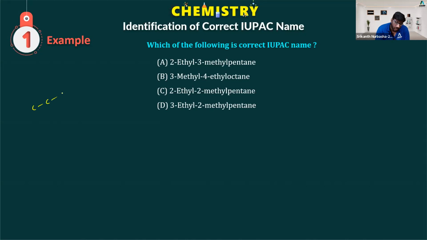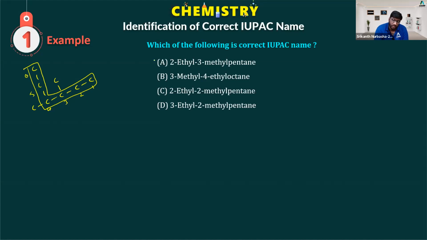So what is 2-ethyl-3-methylpentane? Pentane means 5 carbons are there: 1, 2, 3, 4, 5. 2-ethyl, you are saying, on the second you have an ethyl group. Third, methyl you are saying. If this is the compound, 1, 2, 3, 4, 5, 6, a 6-carbon parent chain will be there or not? Then is that going to be 2-ethyl-3-methylpentane, or 3,4-dimethylhexane?